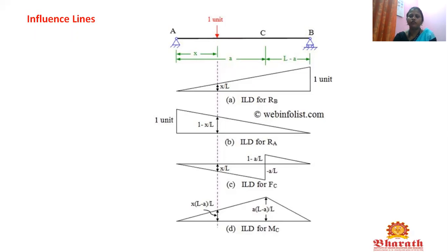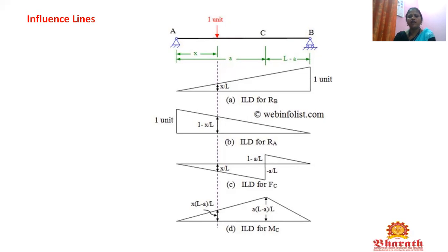The positive shear force is drawn upwards, that is 1 minus a by L, and the negative shear force is minus a by L. It is drawn in this diagram. The reaction at point C is 0.